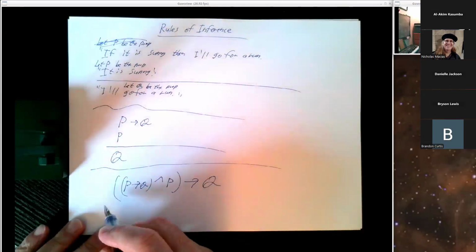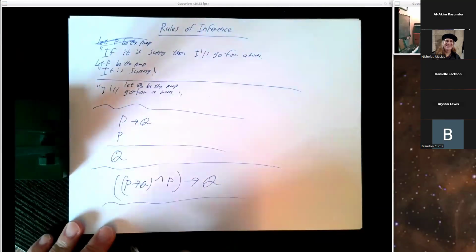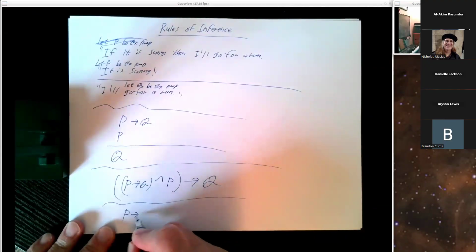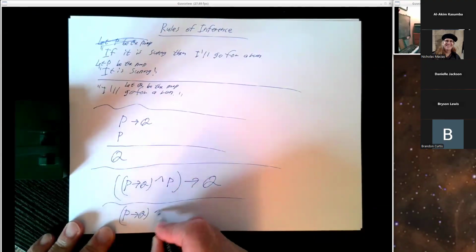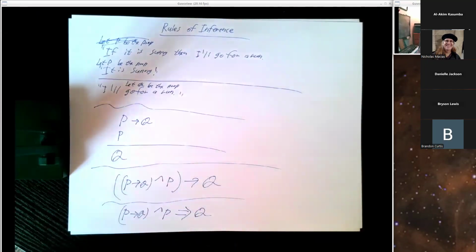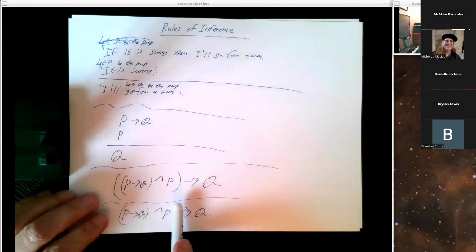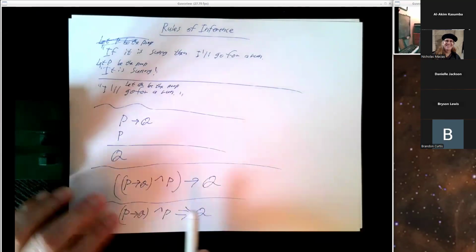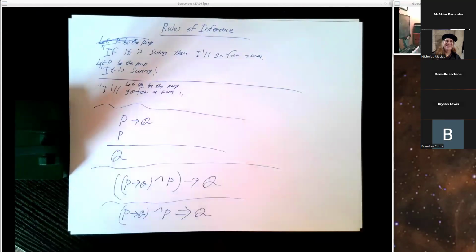And sometimes to avoid extra parentheses, and the book does this, you'll see this written differently. You'll see this double arrow. And the double arrow means if the thing on the left is true, then the thing on the right is true.